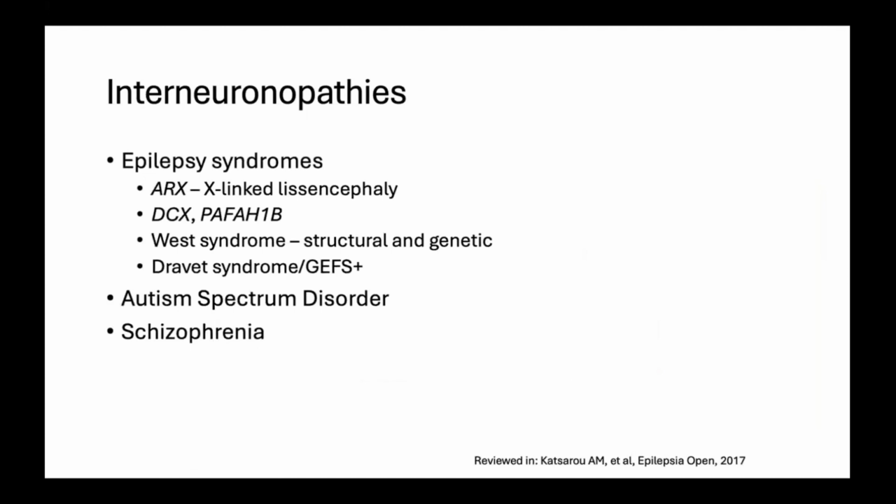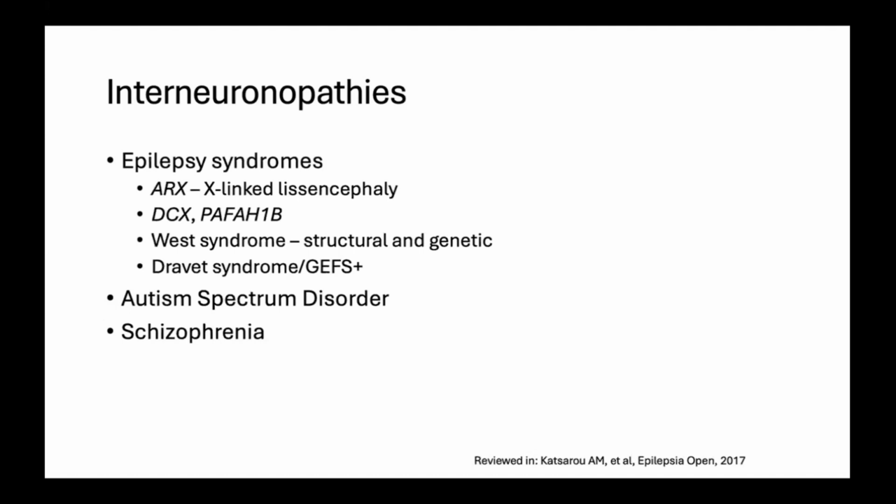Here are some of the other epilepsy syndromes that we know are related to interneurons. Like I talked about ARX, which causes an X-linked lissencephaly, so kind of a smooth brain syndrome, where you don't get the normal gyri and sulci. And we know that there are abnormalities in the interneurons in ARX. And then there's a couple other genetic syndromes, including DCX and PAFAH1B1, which is another lissencephaly syndrome.